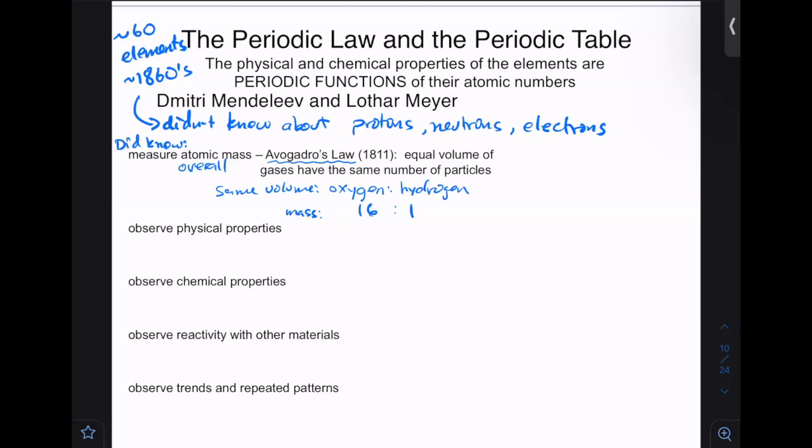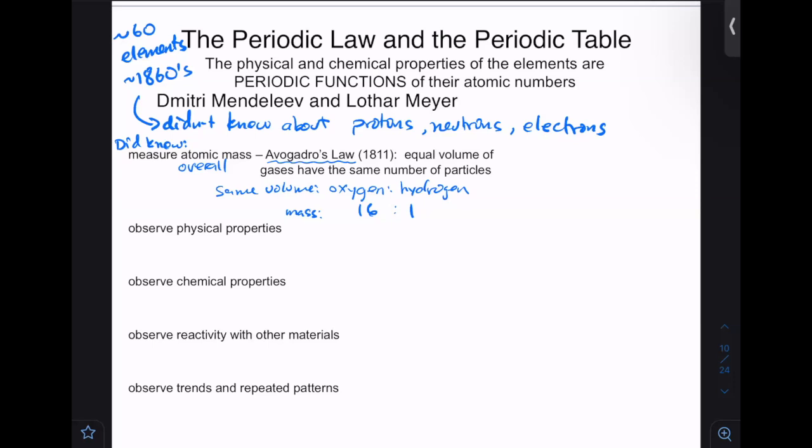Now, if you look on the periodic table, you can't see it probably from your seats, but oxygen over there has a mass of about 16. I'm not going to put units on it right now. It's atomic mass units. 16, and hydrogen has a mass of about 1 on our modern periodic table. That's your 16-to-1 ratio. They can do this not just with oxygen and hydrogen, but lots of the other gases at the time and other materials as well.